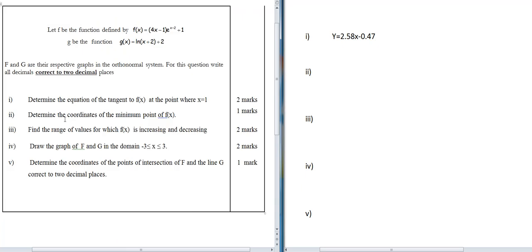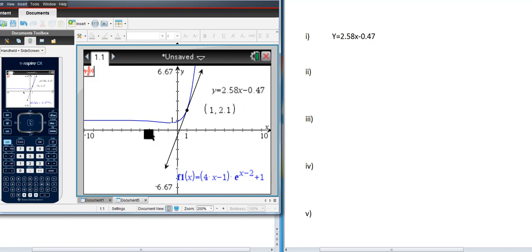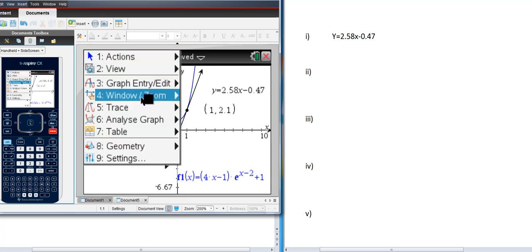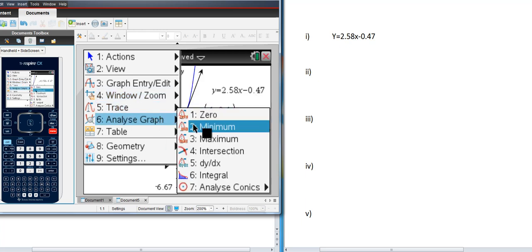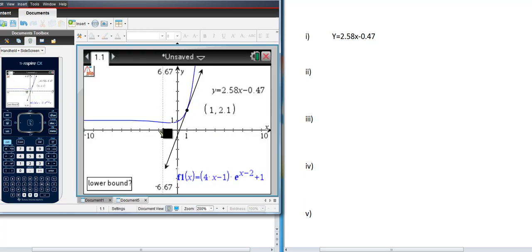Number 2, determine the coordinates of the minimum point of f(x). You can see that we have a minimum around here, so let's use that function. In the calculator, analyze graph, minimum, go a little bit to the left, go a little bit to the right.